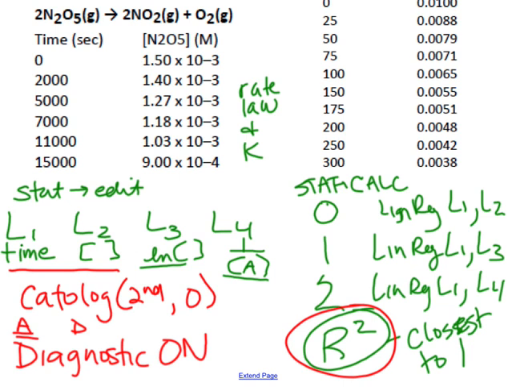What are we doing? We're taking the natural log of which list? L2. So you're going to hit natural log button, and then you're going to hit the second number 2, because see how above the numbers there's L1, L2, L3 above the actual numbers? So hit natural log, second 2, and if you look at the bottom of the list, you'll see it show up. And then hit enter.